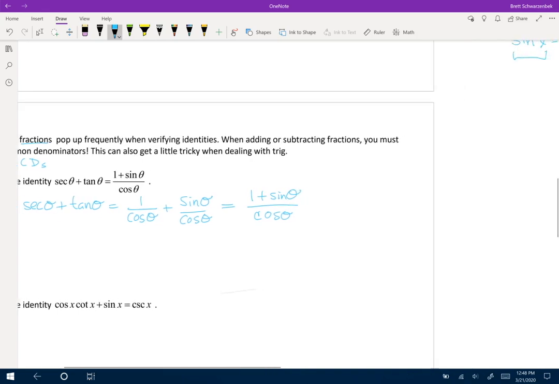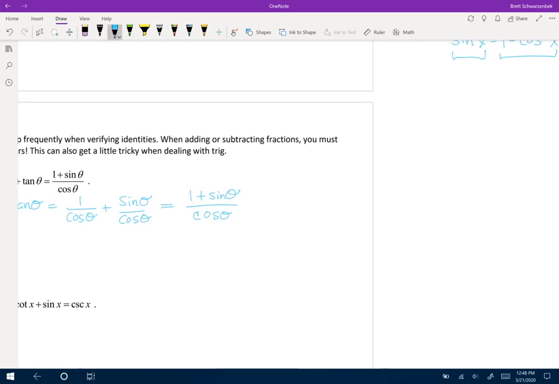Well, how did we know that? Let's do basic fraction work here. If we have 2/7 plus 3/7, then we can combine the top and get 5/7, just like if we had x over 7 plus 4 over 7, we can combine the top and get x plus 4 over 7.